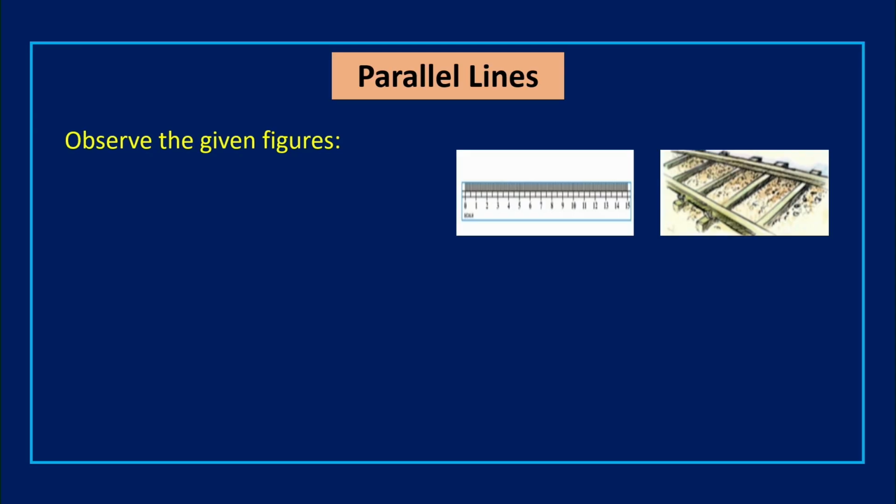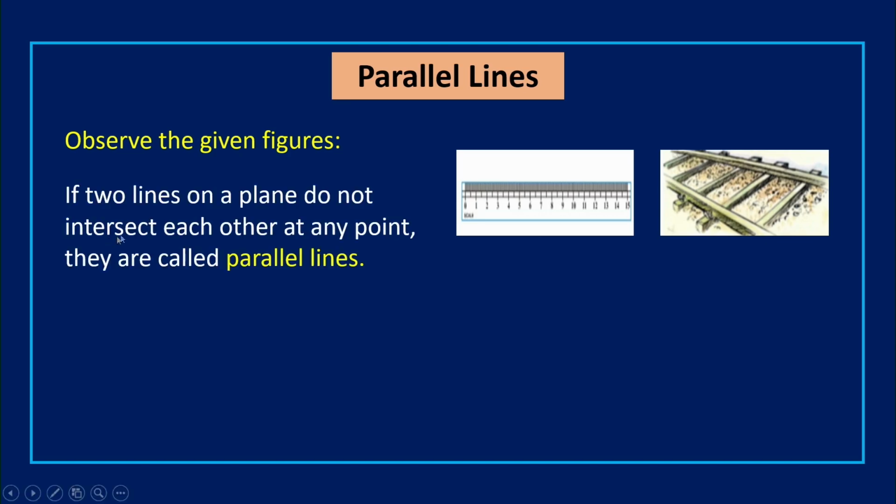Now we will learn about parallel lines. Children, imagine the edges of a scale and a railway track. What is special in this pair of lines? Would they meet if we extended them without changing the direction? No. The edges of a scale and a railway track do not meet at any place.